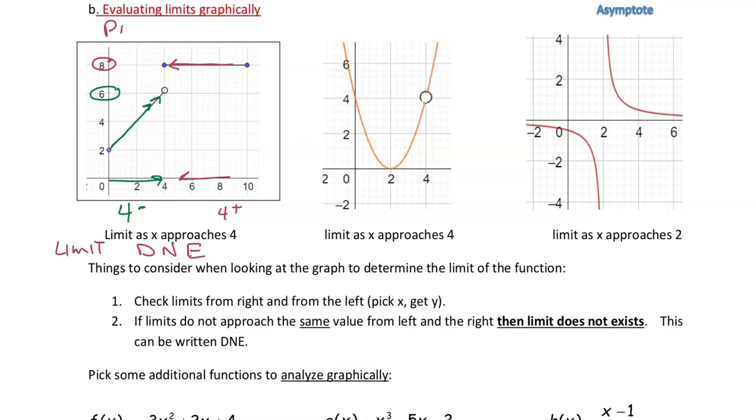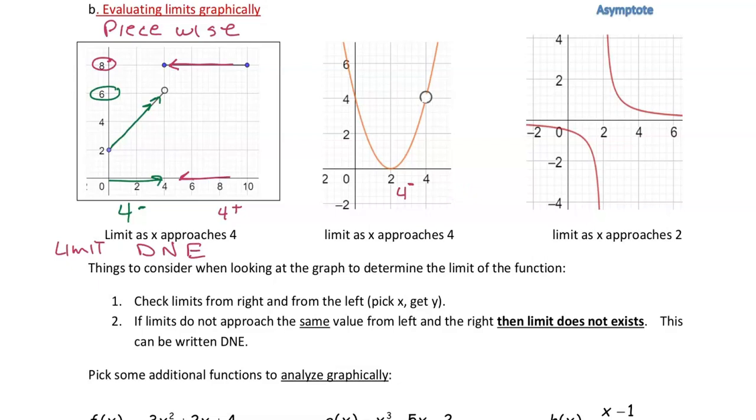Okay, so the kind of function this is, a piecewise function. Look at the second one. We're going to try to approach 4 again. So approach it from the lower than 4 side, and then approach it from the higher than 4 side. And I should probably change colors. So let me get rid of that color.